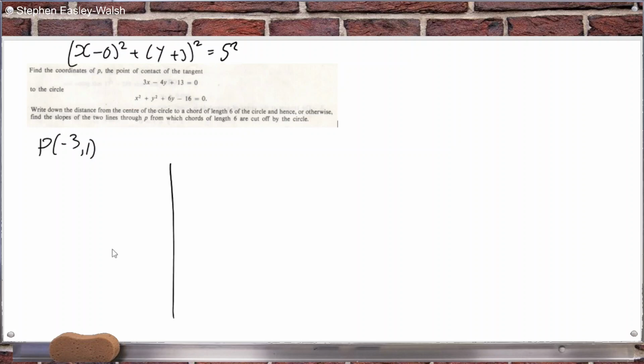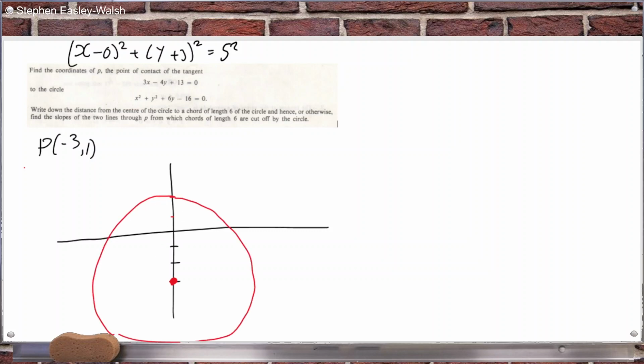So it looks like the circle is like this. 1, 2, 3. Uh, 0, minus 3, so that would be here, and then it goes up to 5. I'm not going to quite fit it on the page, but anyways, it's looking like that: at 0, minus 3, radius of 5.